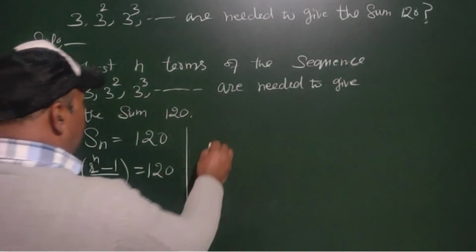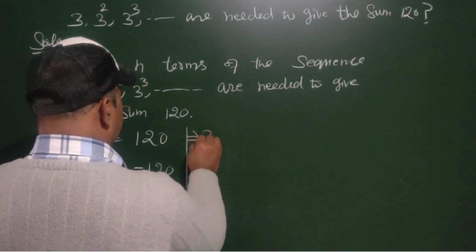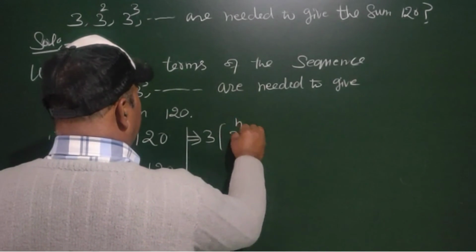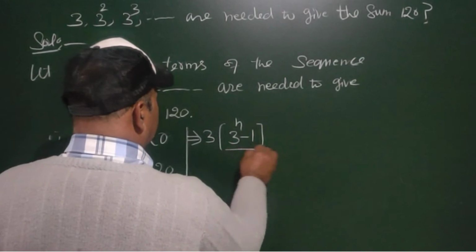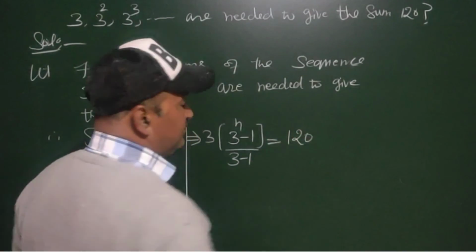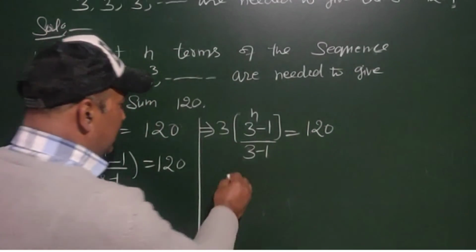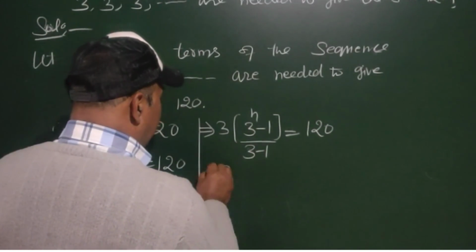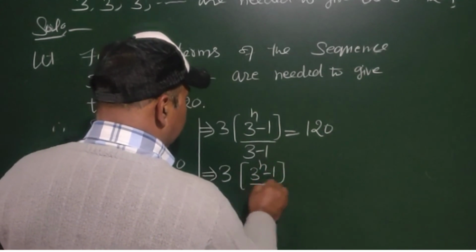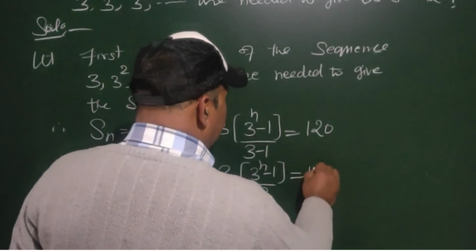Putting the value of a, that is 3, into (3^n minus 1) upon (3 minus 1) is equal to 120. This implies 3 into (3^n minus 1) upon 2 is equal to 120.